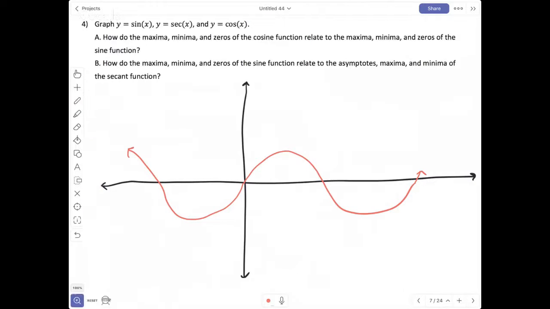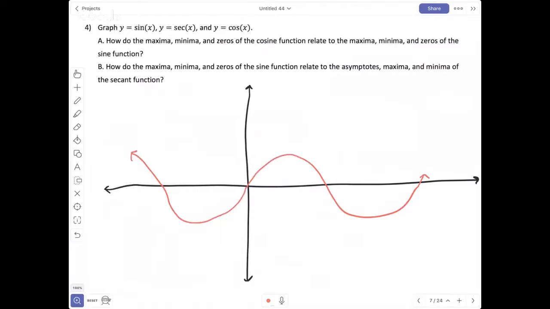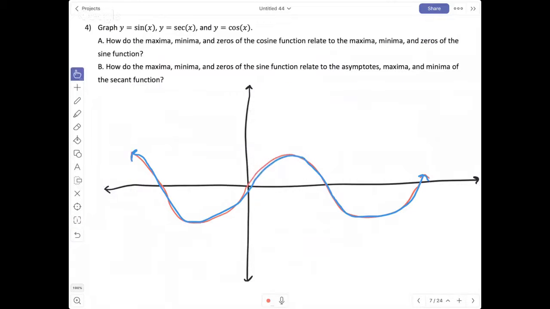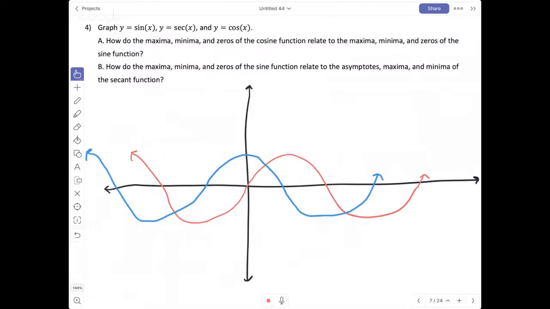And then I'm going to just copy it to make a blue cosine curve, because the cosine curve is congruent to the sine curve. And I'll just move my blue cosine curve over there. Wonderful. And then I will do a green secant function.